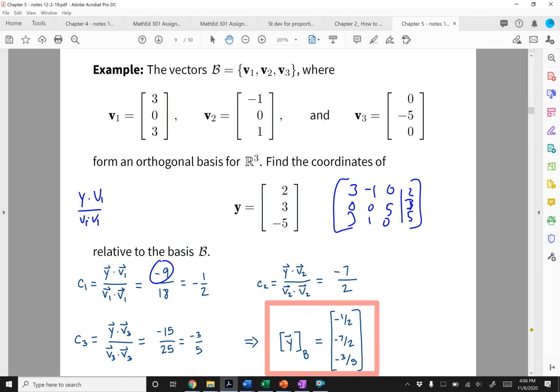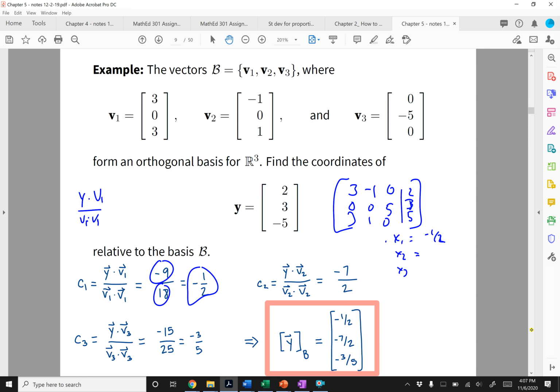You get 3 times 3, which is 9, 0, and 3 times 3, which is 9, so 18. So minus 9 over 18 is minus 1/2. Boom. So I already know that the solution here, if I think about it as x1, x2, and x3, x1 is going to be minus 1/2. Slick, huh?